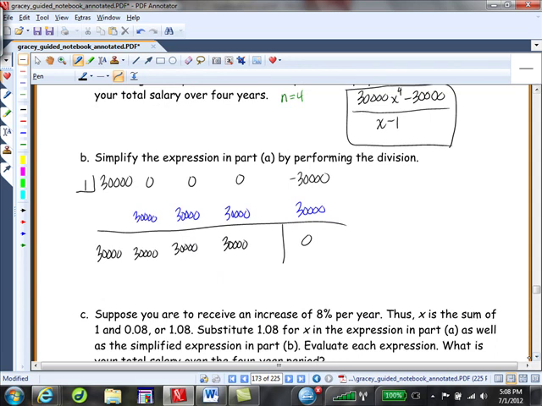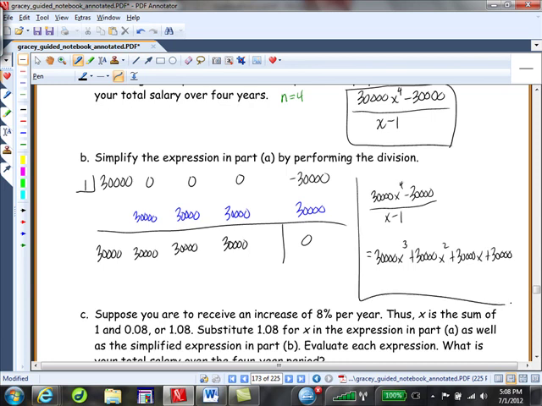So what we found is that 30,000 x to the 4th minus 30,000 divided by x minus 1 equals, now remember, the degree will go down by 1, so we'll get 30,000 x cubed will be our first term, plus 30,000 x squared, plus 30,000 x, plus 30,000.